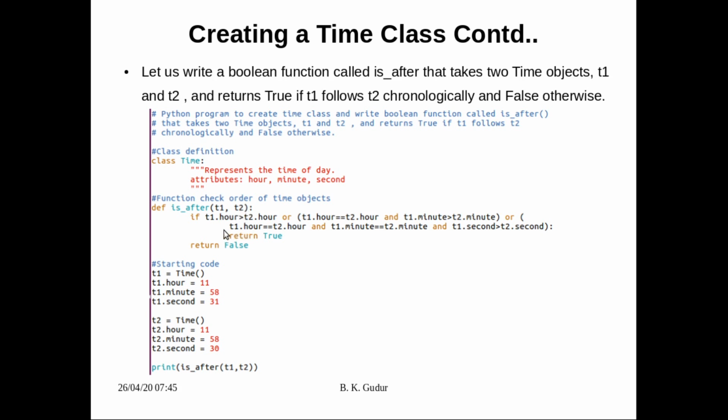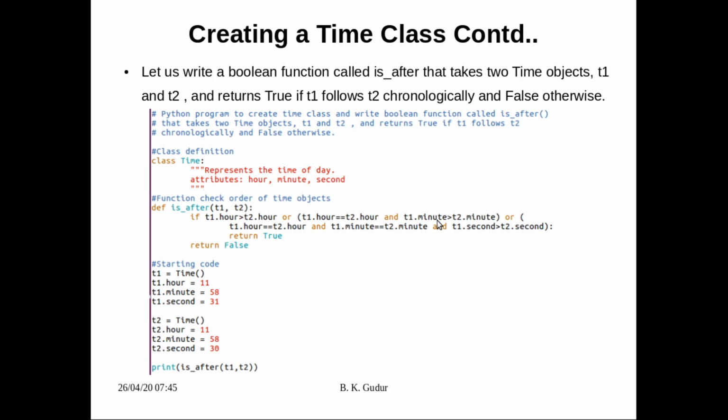Now how do we check this? Look at this, this is very simple. If t1.hour is greater than t2.hour, because t1 has to follow t2, t1.hour should be greater than t2.hour. So there are three things: in terms of hour, t1 might be greater, or hours might be equal in t1 and t2 and minutes might be greater in t1, or hours and minutes both might be equal in t1 and t2 and seconds might be greater in t1.